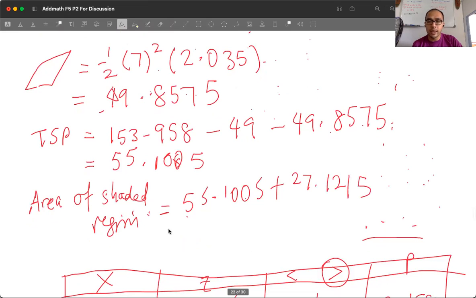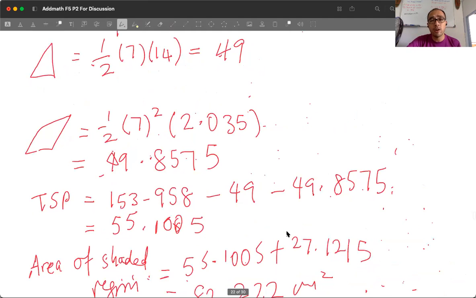Why do I have this sinking feeling that I'm getting this answer wrong? But I think it should be correct. 55.1005 plus 27.1215 is 82.222. So 82.222 cm squared.